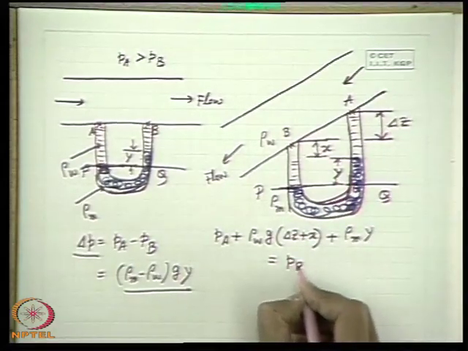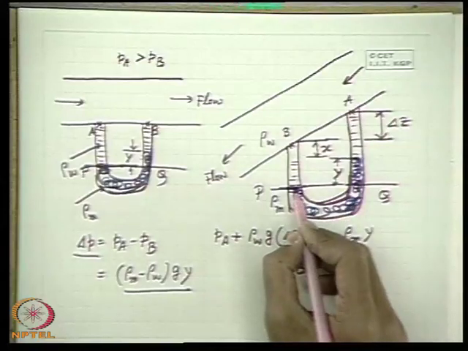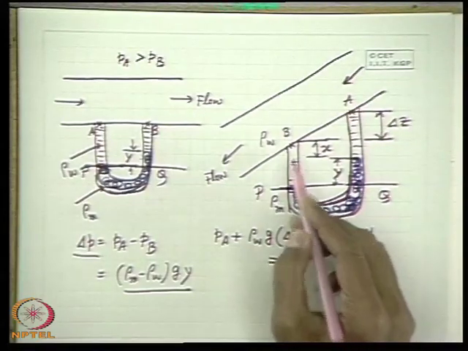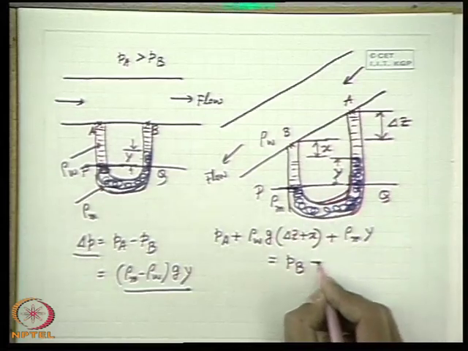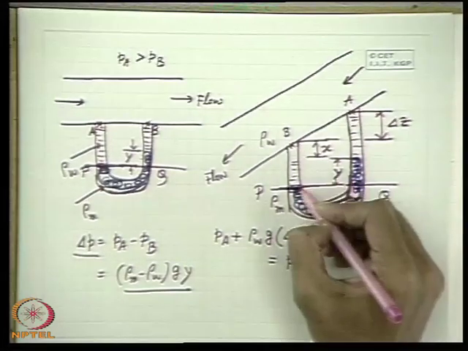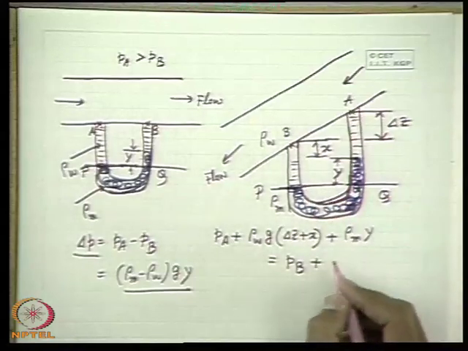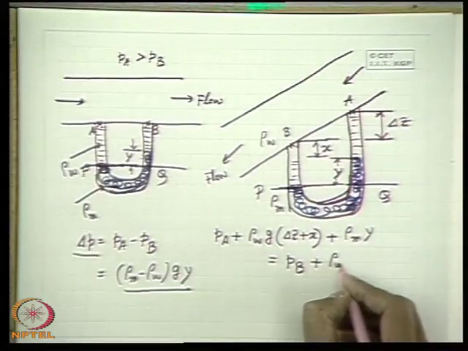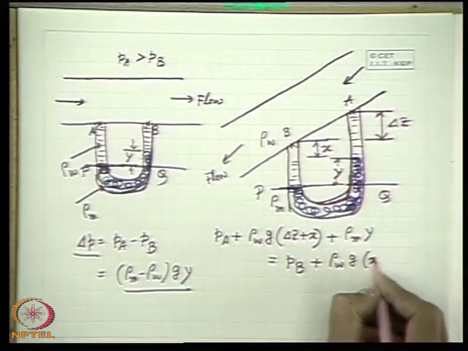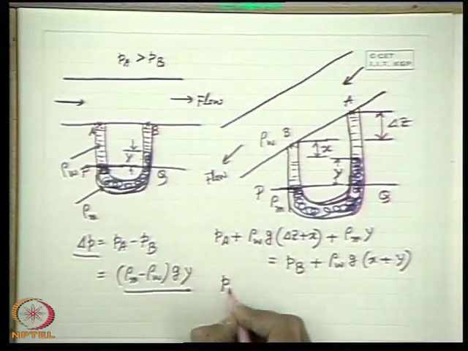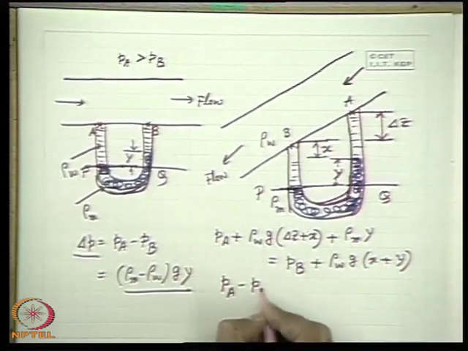PB, that means the same pressure is here at the same horizontal level within the same expanse of fluid. So this is PB plus this pressure due to working fluid of height X plus Y, that means rho W g (X plus Y). So if we equate this, we will see PA minus PB.